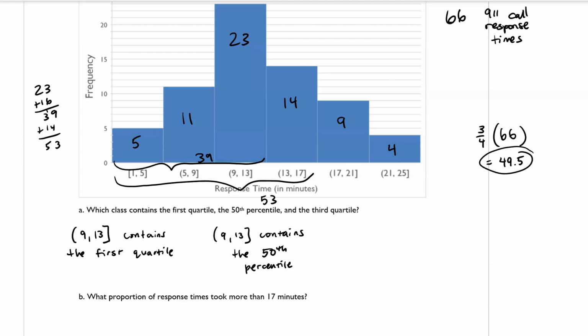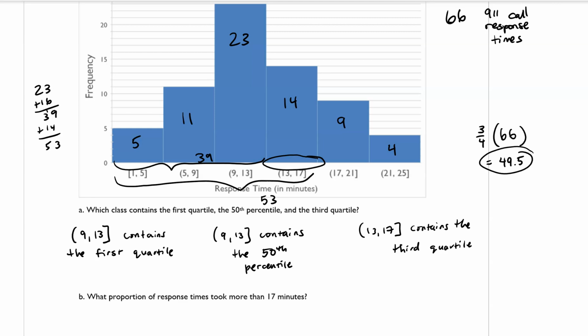So 49.5 falls somewhere between there. And because it's happening when we add this bar, the third quartile is going to fall somewhere in there. So 13 to 17 contains the third quartile. So those are the answers for part A.